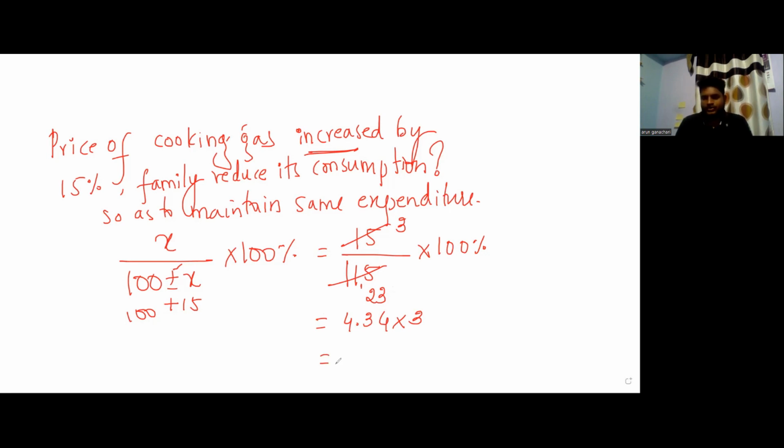What is 4.34 into 3? 13.02. Yes or no? Yes, sir. Understood how we solve this? If there is an increase, we'll use the plus sign. If there is a decrease, we'll use the minus sign.